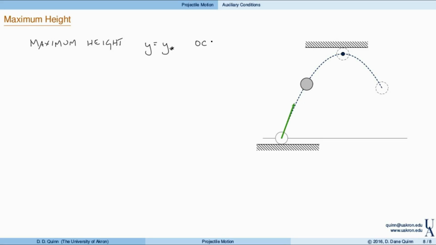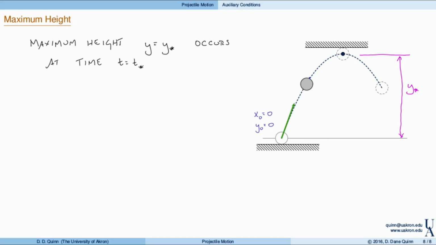And this might occur at some unknown time, t equals t star. So again, y star is the maximum height, and that maximum height occurs at time t star. And here I'm going to assume that x naught is equal to 0 and y naught is equal to 0. So we're starting at the origin.